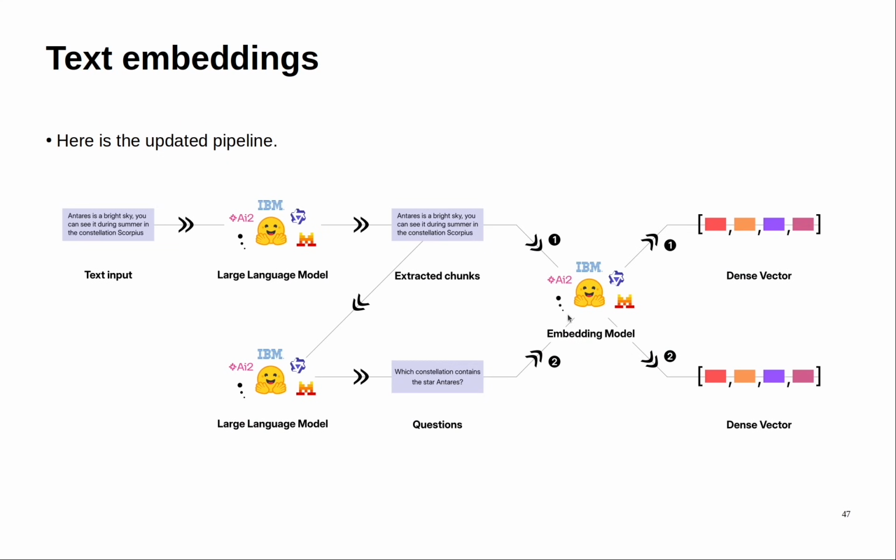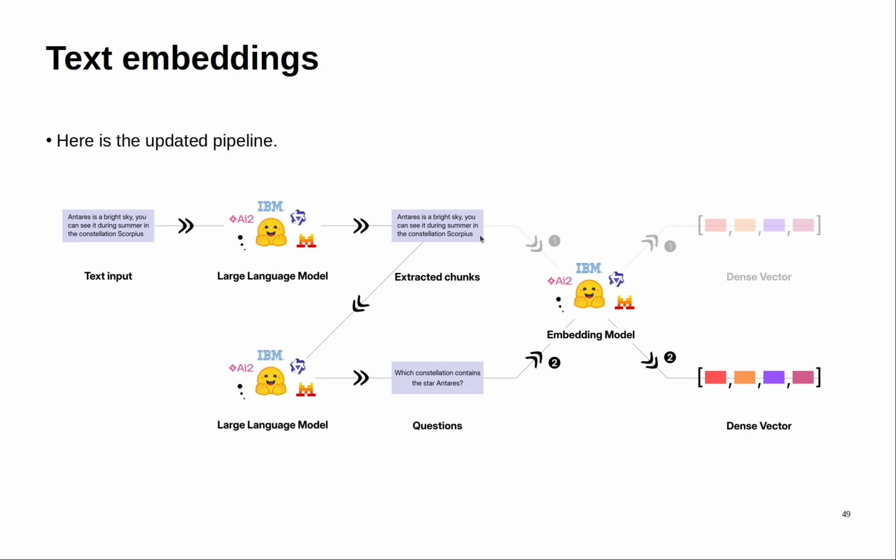Here is what the pipeline looks like after adding the embedding step. It may seem a bit complex, but let me explain it step by step. We start with the text that we extracted from a document. We use an LLM to split it into chunks. After that, we use an embedding model to convert each chunk into a dense vector. These vectors will be used in the next video.